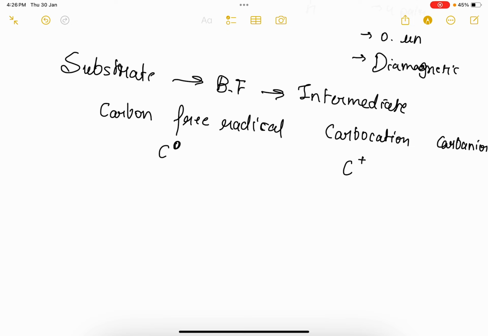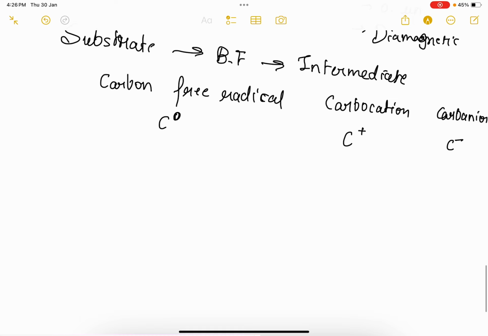A carbocation is represented by carbon with a positive charge, and a carbanion by carbon with a negative charge.